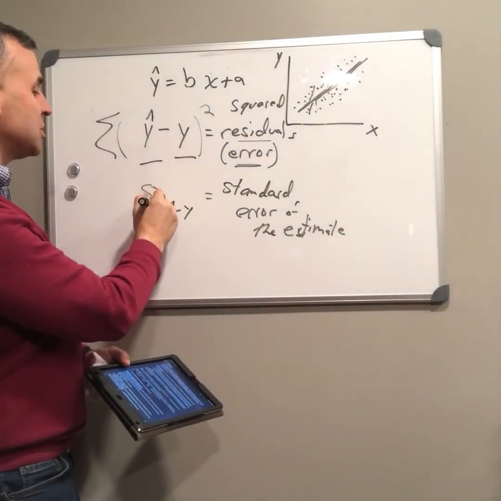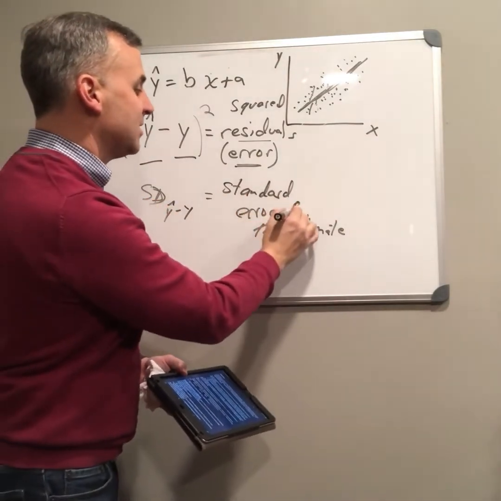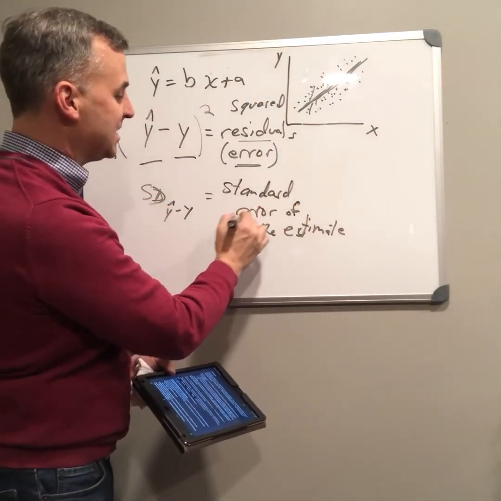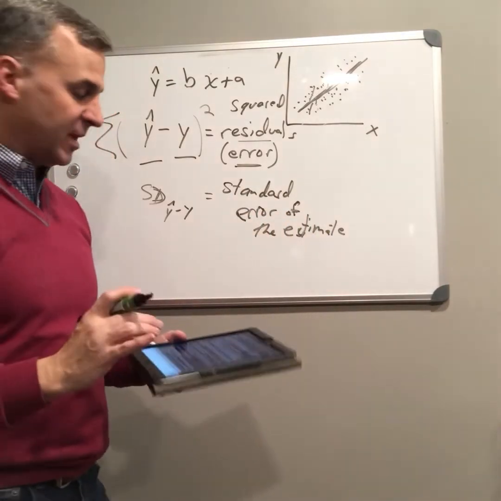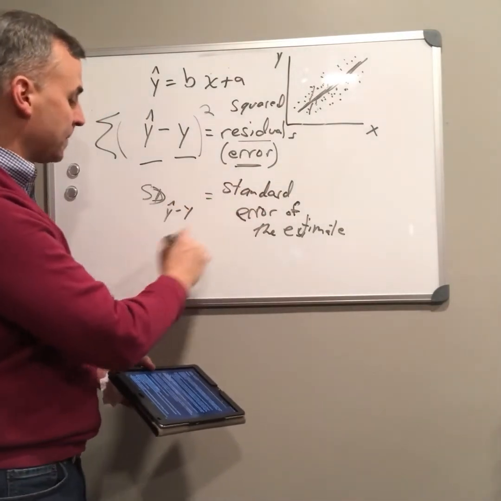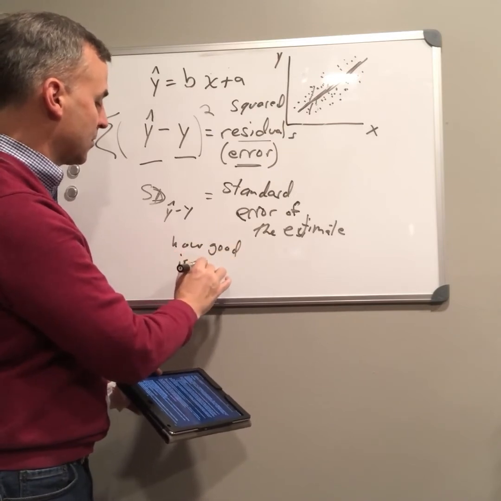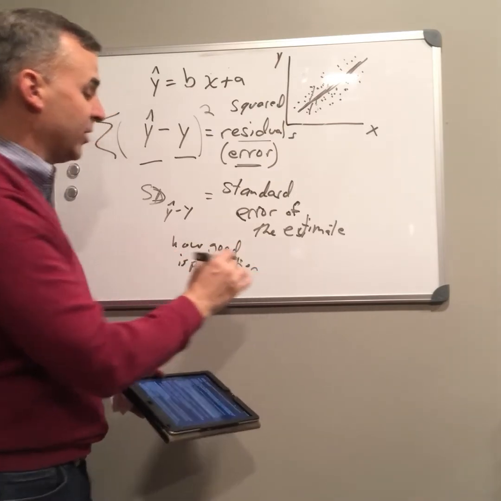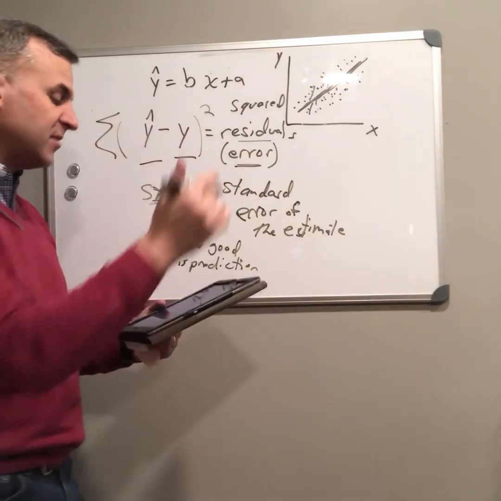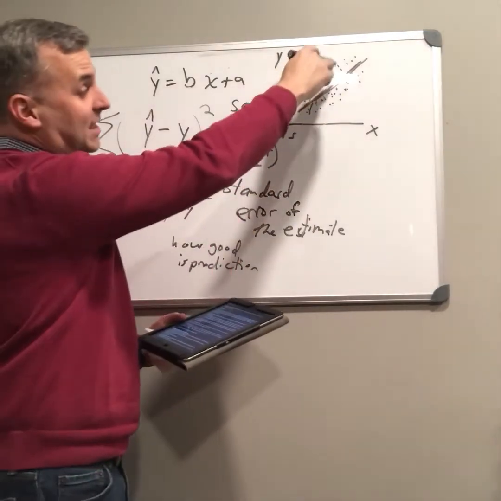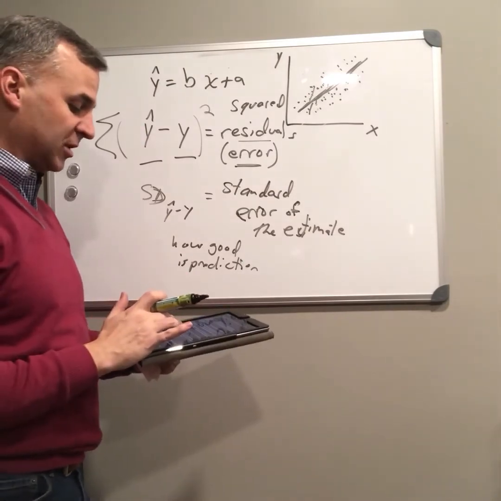And if I take the standard deviation of those residuals, that tells me the standard error of the estimate. Sorry about the horrible handwriting. And the standard error of the estimate is a measure of how good our prediction is. How much error is there in the prediction? We find that from the standard error of the estimate. It's the standard deviation of these points around the regression line. The standard deviation of the errors for each particular one.